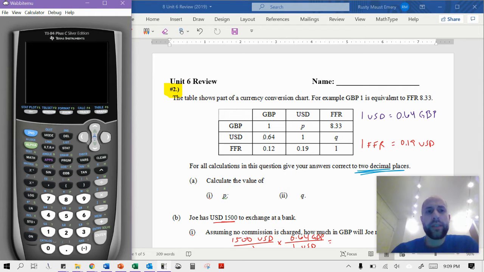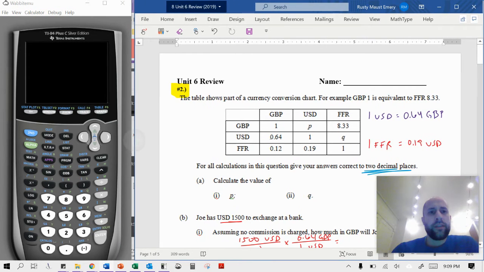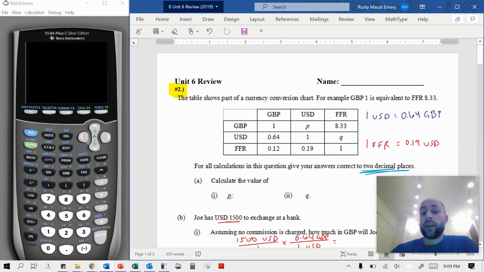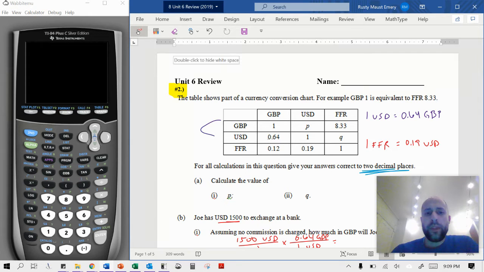So in this question, it gives us a table of conversions, and in this table, it tells us that these are all one.